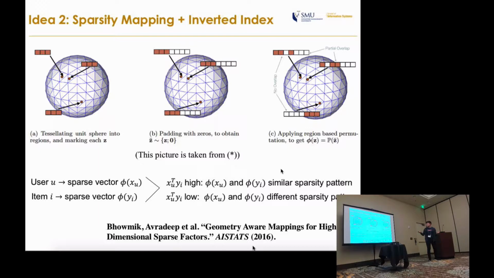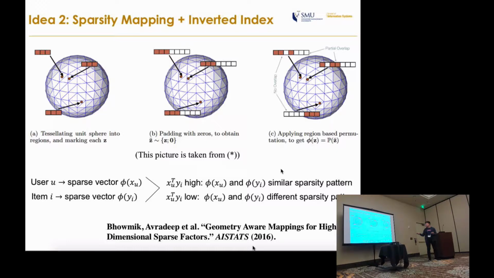This is the original data space, and then for each area, you add more zero values to the ends of the vectors, and then you apply the associated permutation scheme. So the result is like this.